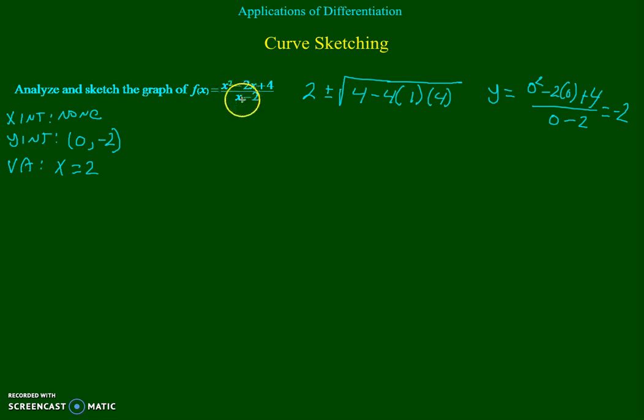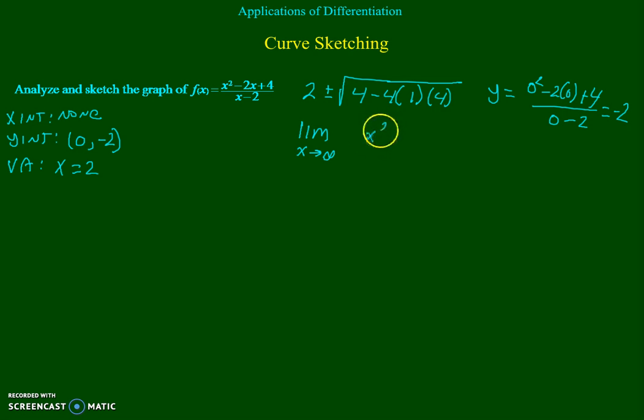And for the horizontal asymptote, what we're going to do is take the limit as x approaches infinity of this function. We're going to have to divide the numerator and denominator by x squared to eliminate the problem of an indeterminate form.